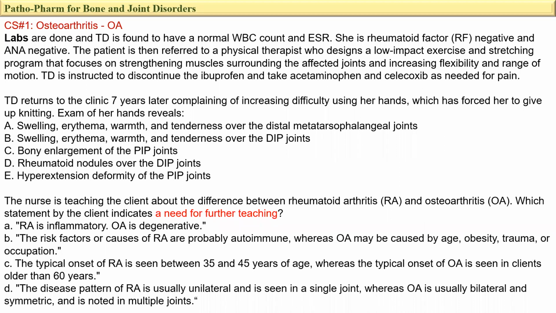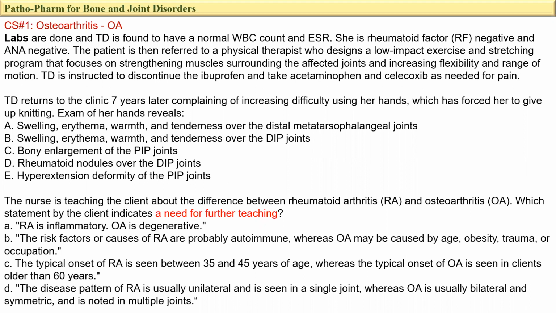Next question, the answer is D. The disease pattern of rheumatoid arthritis is usually unilateral and seen in a single joint.